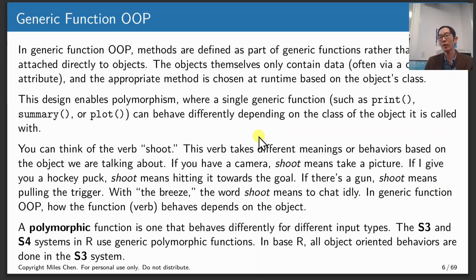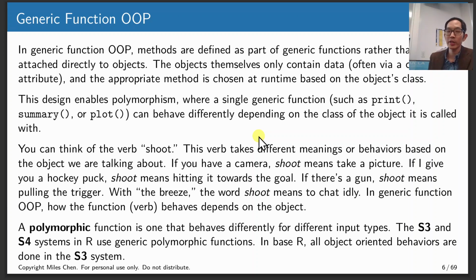The objects themselves only contain the data, and based on what class that object is, when you call a generic function, the appropriate method is going to be chosen based on the object's class.